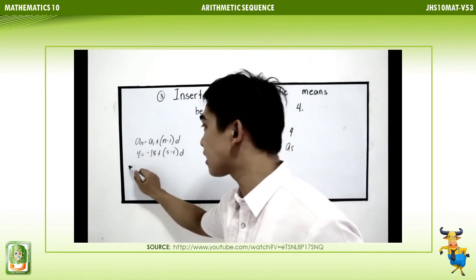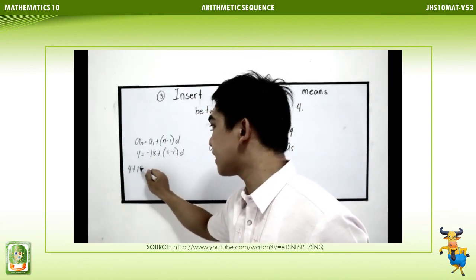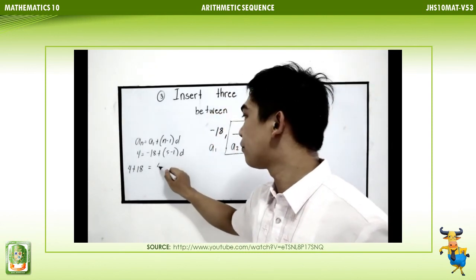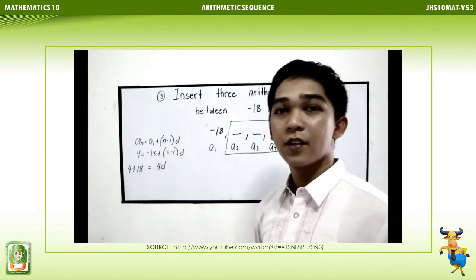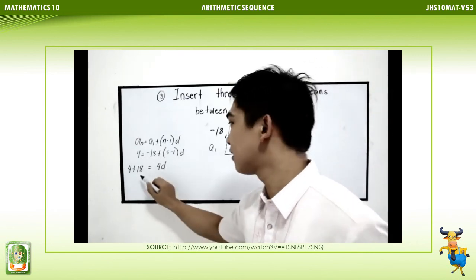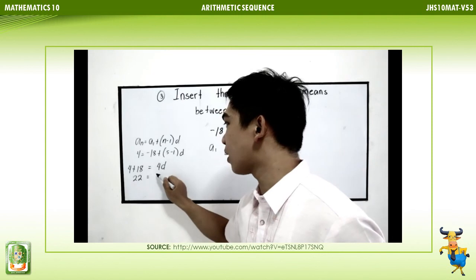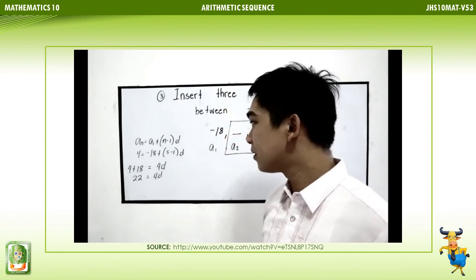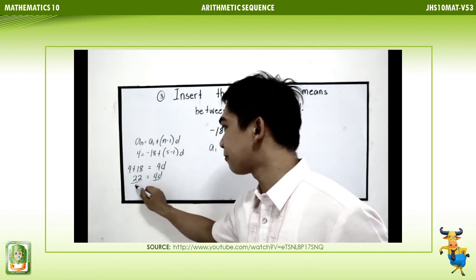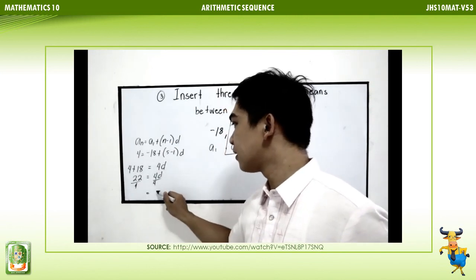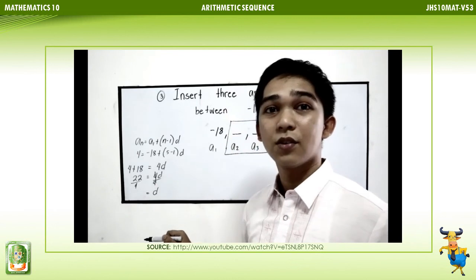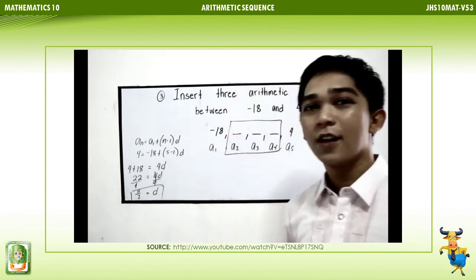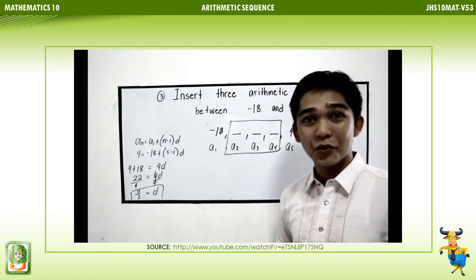Transpose negative 18, that will give us 4 plus 18 is equal to 5 minus 1, 4, times D. 4 plus 18, that is 22, is equal to 4D. Now, divide by 4. Then D is equal to 22 over 4, or 11 over 2. So D is 11 over 2.